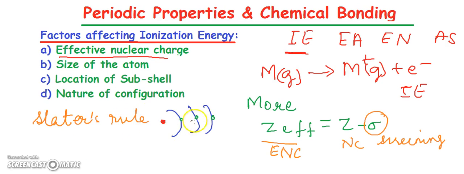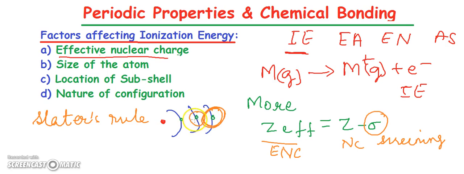And you know the shielding of electrons, what's that? The ionization energy is basically dependent upon the shielding effect of the electrons. That means the electron which is present in the outer shell, valence shell, is shielded from the nucleus. This electron which is present earlier to the valence shell electron acts as a shielder.